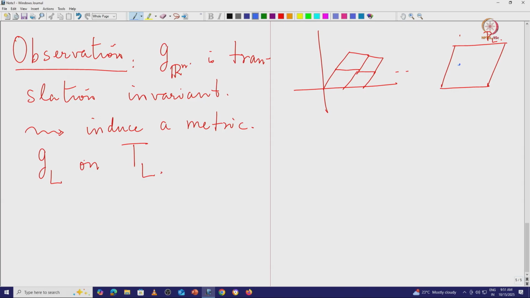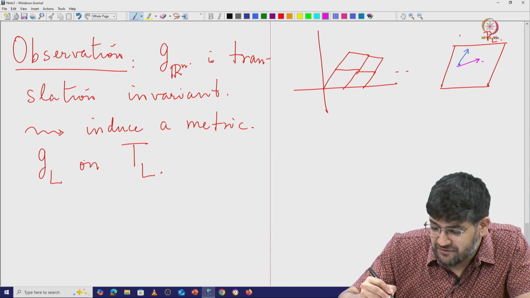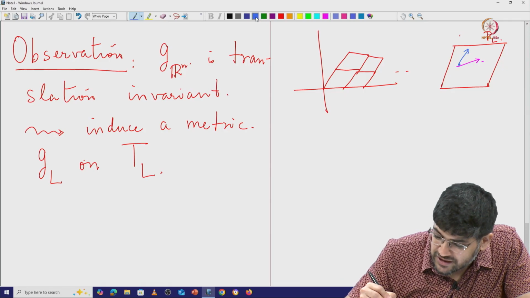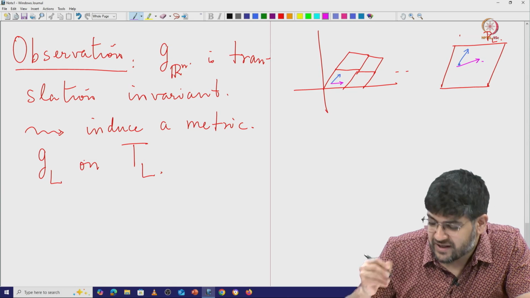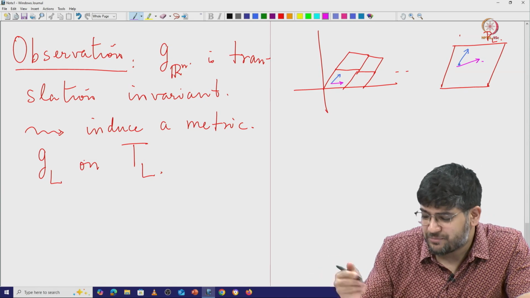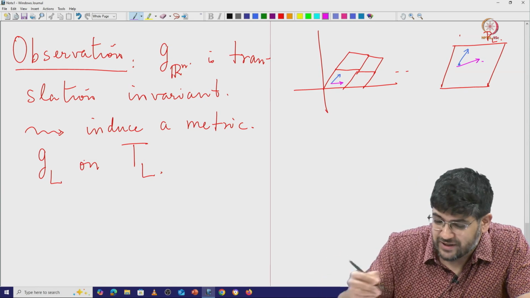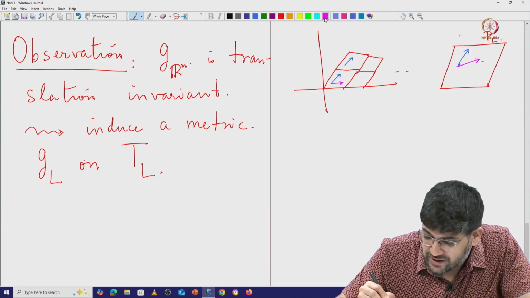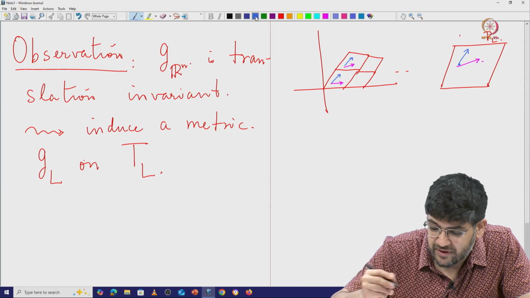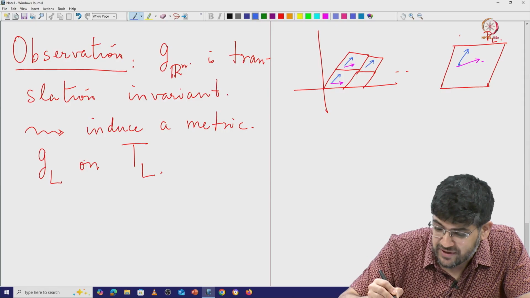So if, let's say, you are working at this point and you have two tangent vectors here, right? Then they will correspond to two tangent vectors in R^n, right? And in fact it does not matter, you can think of these as vectors either here, or in this parallelogram, or in this parallelogram and so on, right?